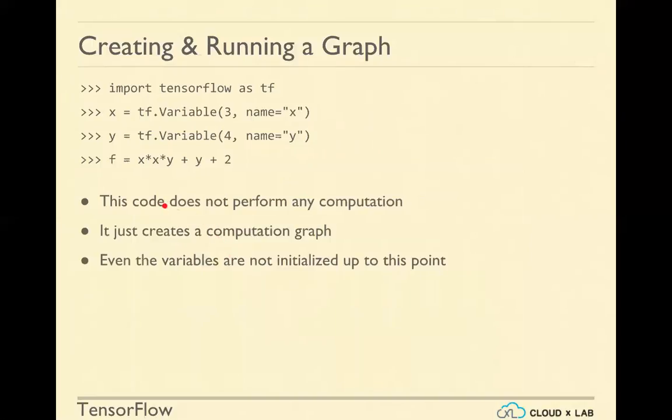So this code does not perform any computation. It just creates a computation graph. Even the variables are not initialized at this point. Even this assignment did not happen. The x3 was not assigned to x. x is just an object of this particular class.